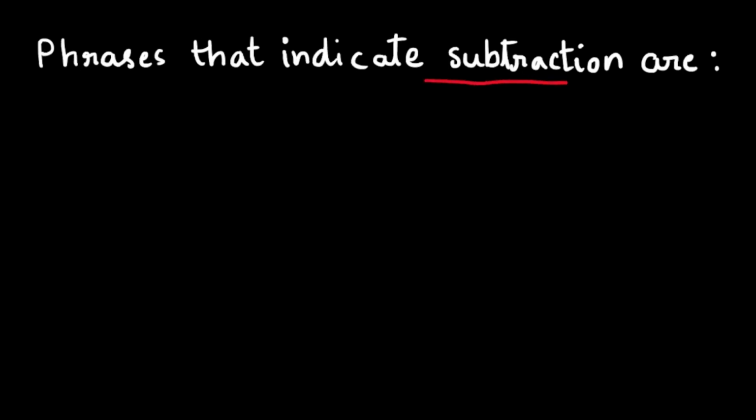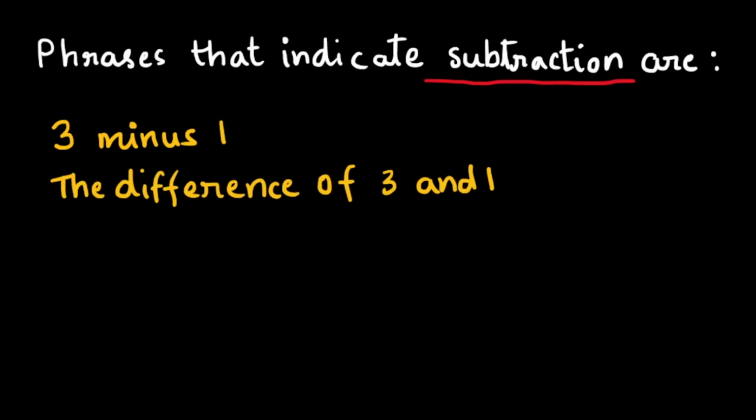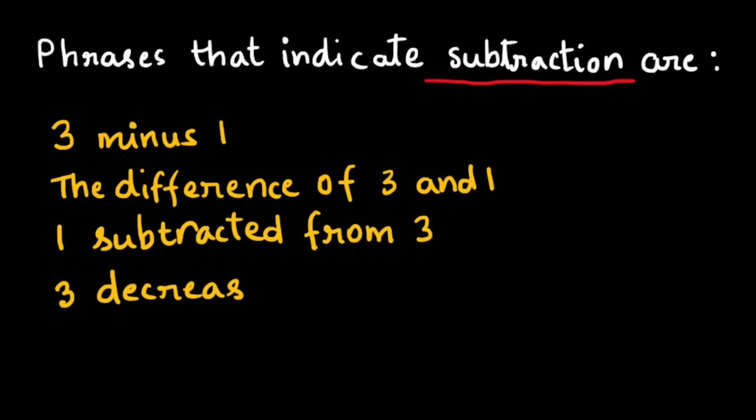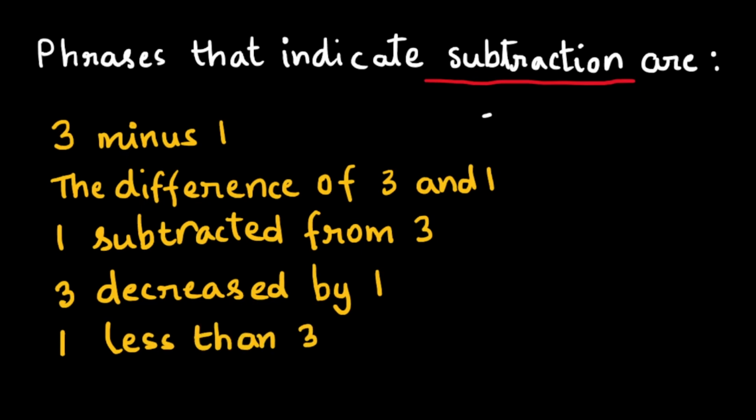Similarly, phrases that indicate subtraction are 3 minus 1, the difference of 3 and 1, 1 subtracted from 3, 3 decreased by 1, 1 less than 3. All of these phrases are equal to the expression 3 minus 1.